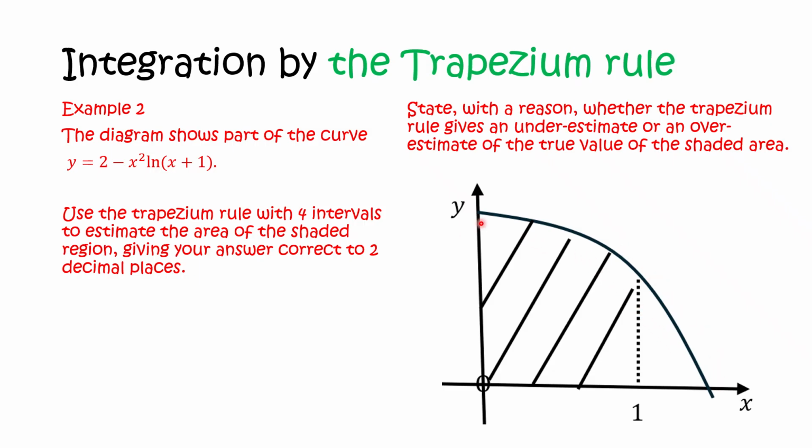So as a result, it is going to underestimate, because when we connect the other sides of the trapezium or trapezia, we are going to leave out some small gaps that are below the curve, implying that we are going to have a value that is lower than the actual area. So it's good to know that before we even start answering the question.